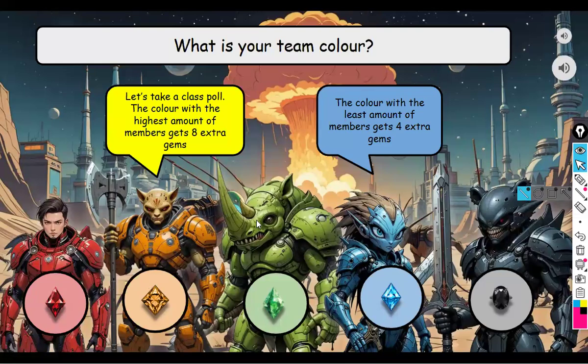So let's give a few seconds. All right, vote, guys, vote. It's on the screen. I'll show you the results now. The most popular team gets 8 gems, the least popular gets 4.